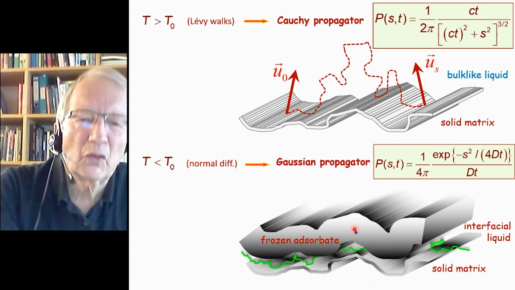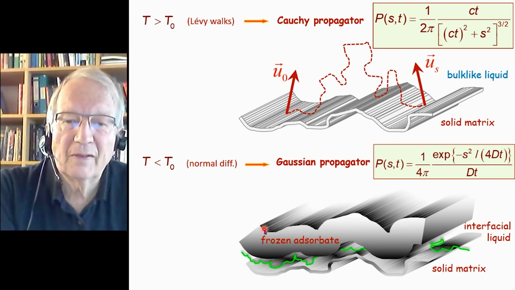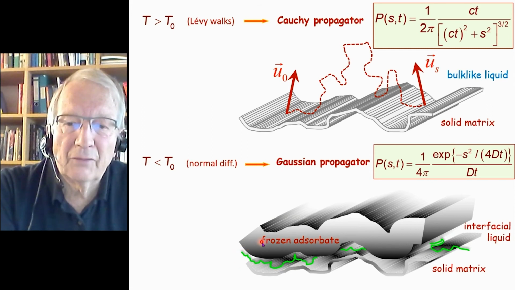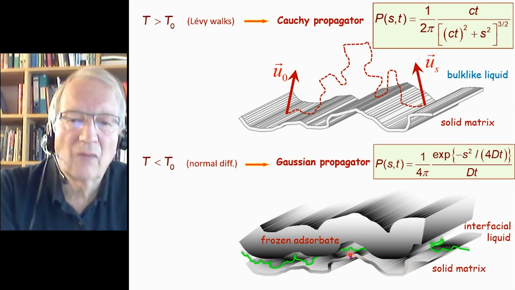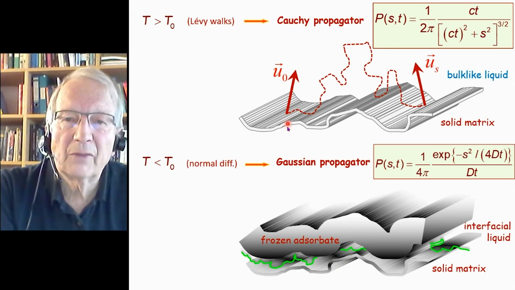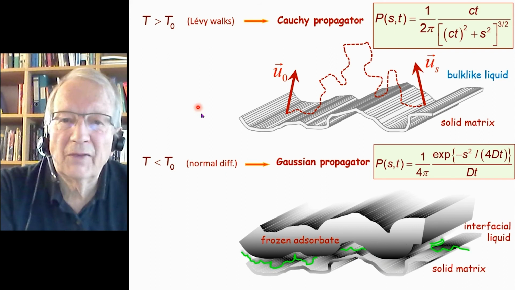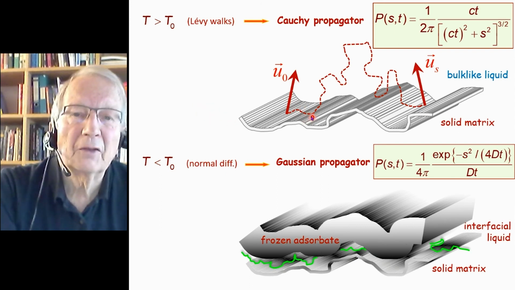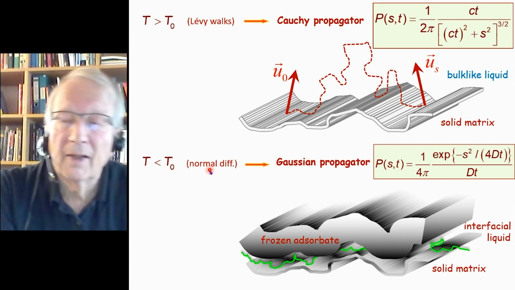Now, in an experiment, we can compare this with a similar situation, but now in a case where this adsorbate fluid is frozen. In many porous media, when you freeze the adsorbate, there will be a liquid layer along the surface. It's only 1 or 2 molecules thick. And so we have two situations. Above this freezing temperature, we are expecting this Levy flight statistics, or Cauchy propagator.